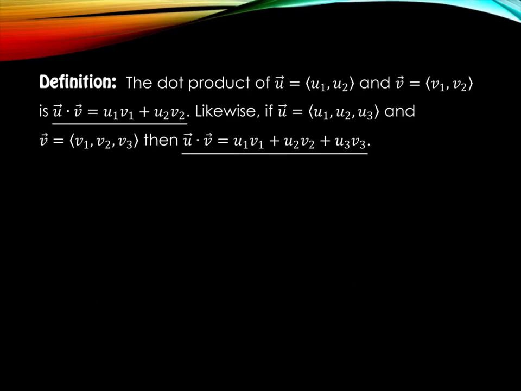So the dot product of two vectors, u and v, is the component-wise multiplication, the multiplication of each of their components, and then the sum of those values. So u1 v1 plus u2 v2. And three-dimensionally, just like we saw everything going on in 11.2, it just extends to being the u3 v3 at the end, added too.